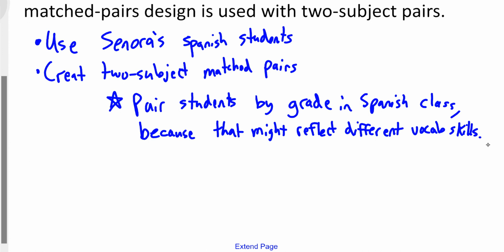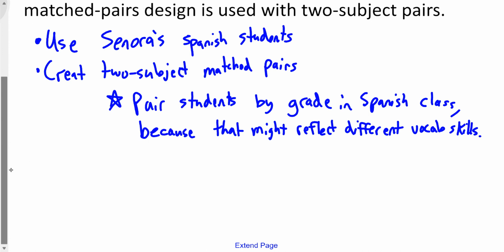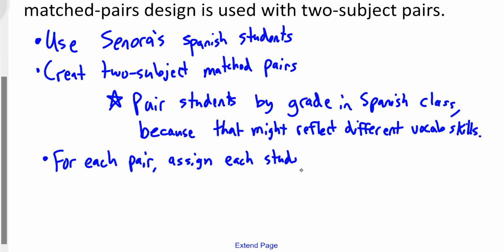Now, how am I going to actually carry it out? We'll say for each pair, assign, we'll do this one. Assign each student a number 1 to 2.